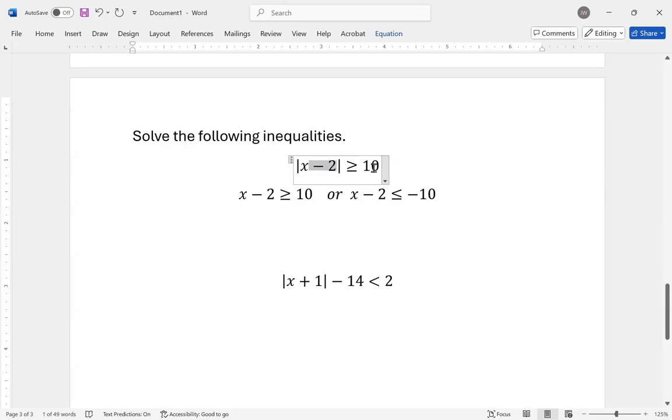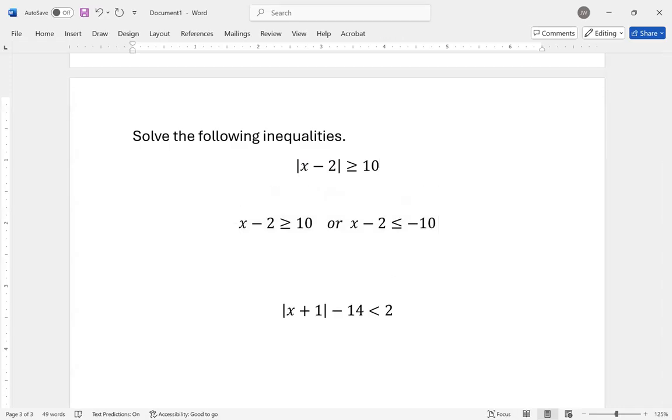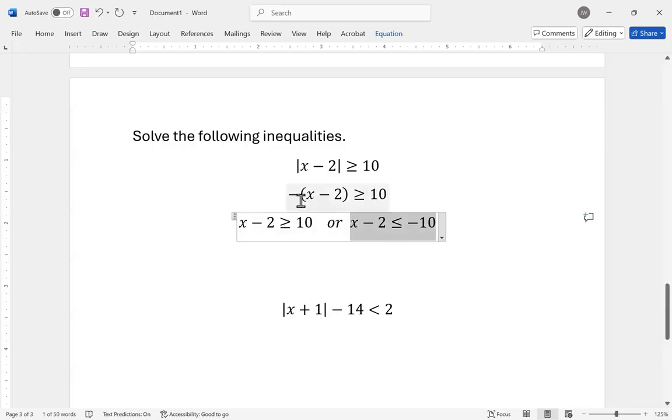And so multiplying both sides by a negative, we'd get the standard x minus 2 is less than or equal to negative 10. In other words, this comes from the fact that really the opposite of x minus 2 is greater than or equal to 10. Multiplying both sides by a negative would flip that sign.